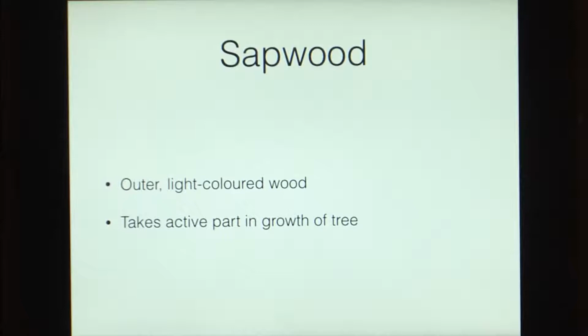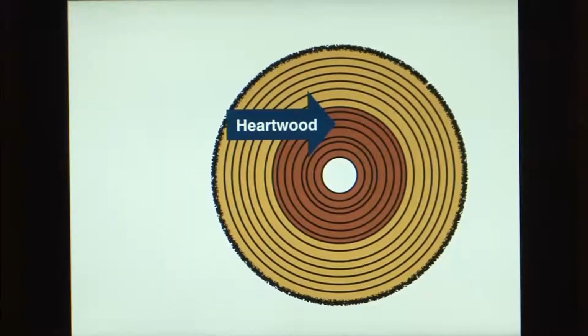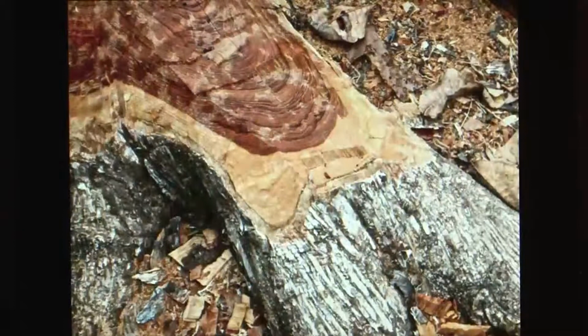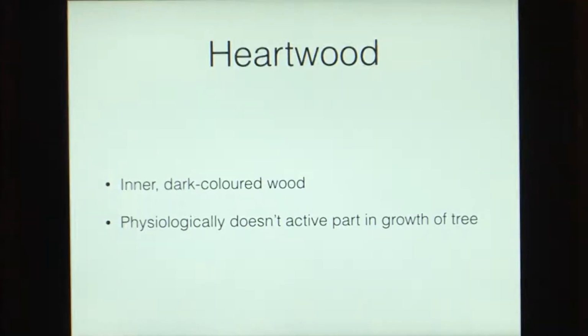It takes active part in the growth of the tree, and what we have inside is called the heartwood. Heartwood here is shown in brownish color as we see it on the stump as well. Heartwood is the inner dark colored wood, and it is physiologically not active in the growth of the tree.